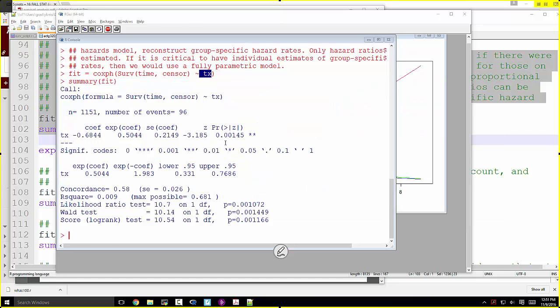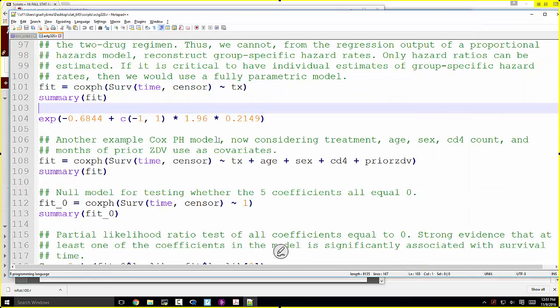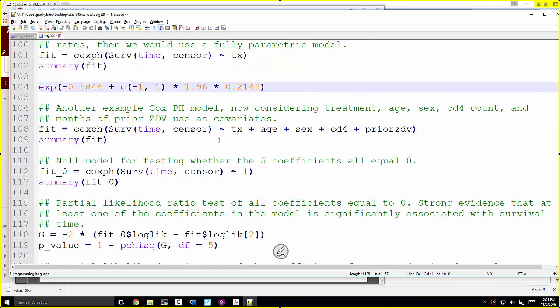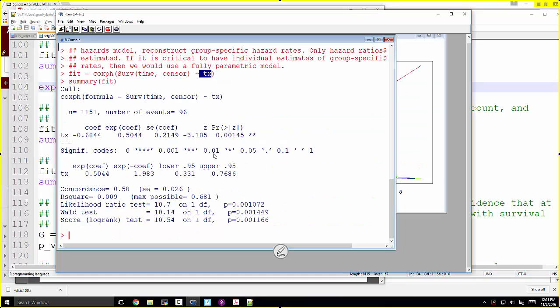But let's consider some more models. Just FYI, let me go ahead and do this one as well. If you wanted a confidence interval for, say, the hazard ratio, that's the estimate right there, the estimated hazard ratio. What you can do is create, say, a 95% confidence interval for the original coefficient, because you have the standard error for that coefficient right here.